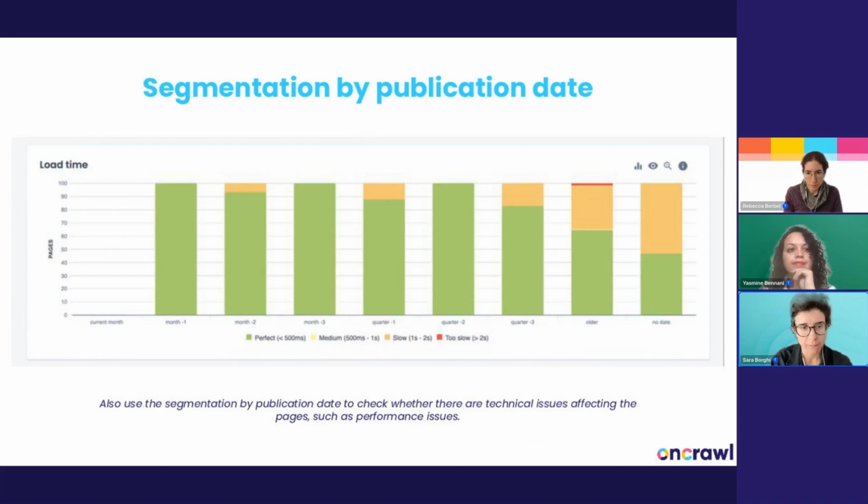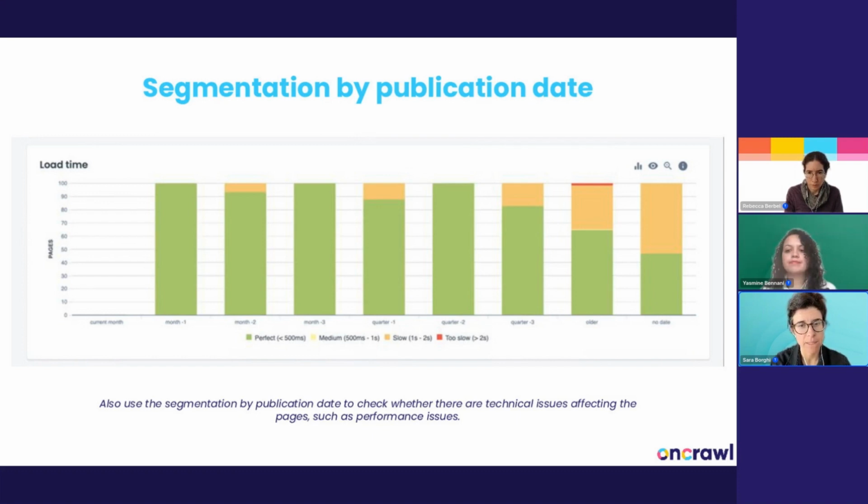One last example on this one, obviously, is the performance. So we know how important the load time is for content sites. And again, from this graph, we can see that a higher proportion of pages that are older than a quarter is quite slow.